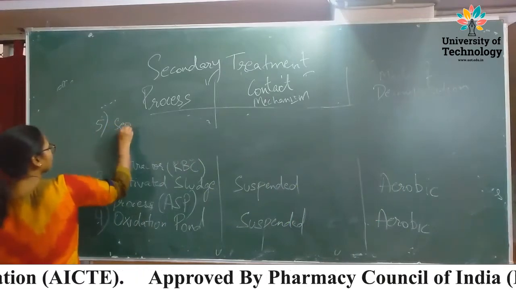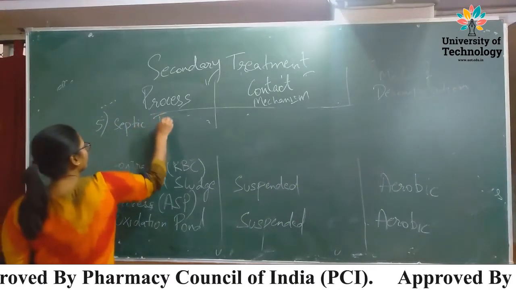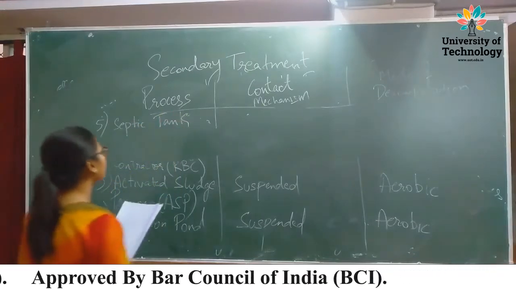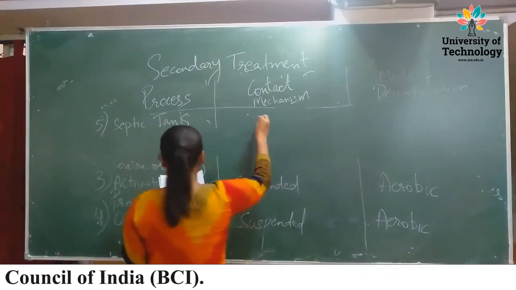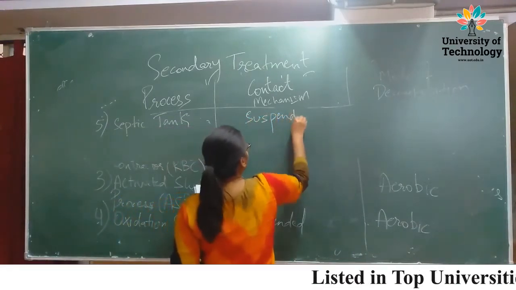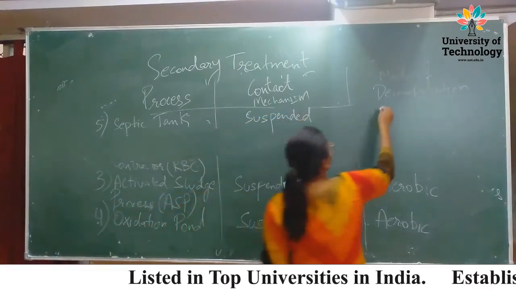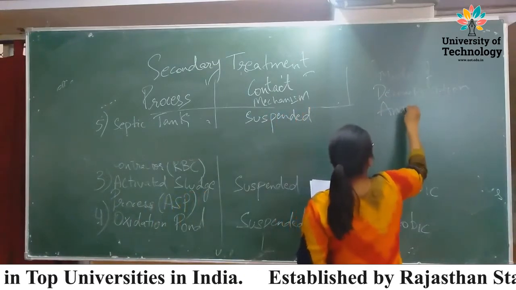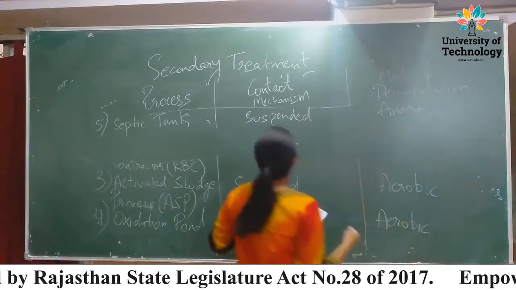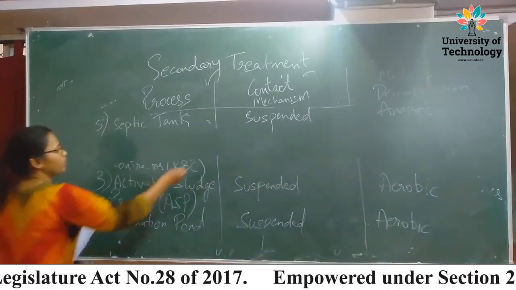Fifth, the septic tank, which is commonly used in urban areas. The septic tank is a suspended growth system and is anaerobic. These tanks are constructed underground, hence they are anaerobic.